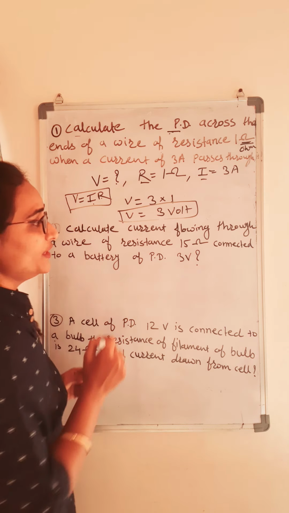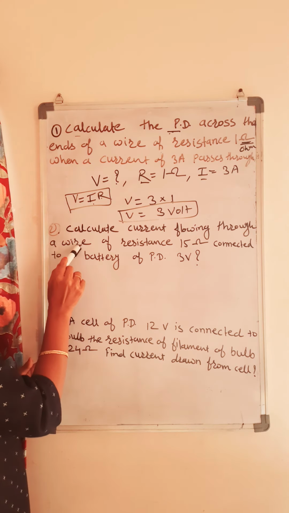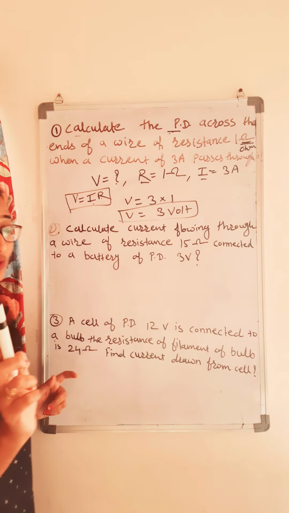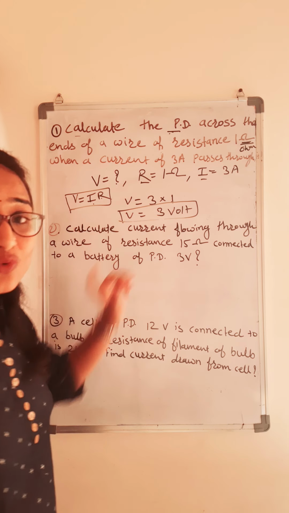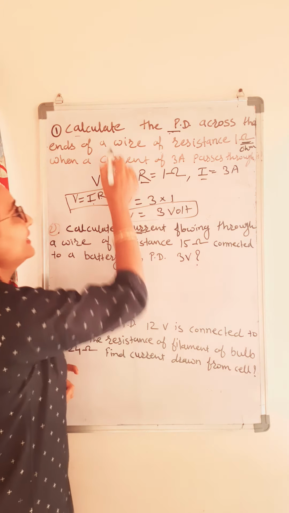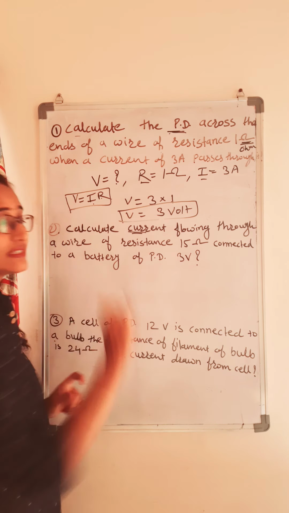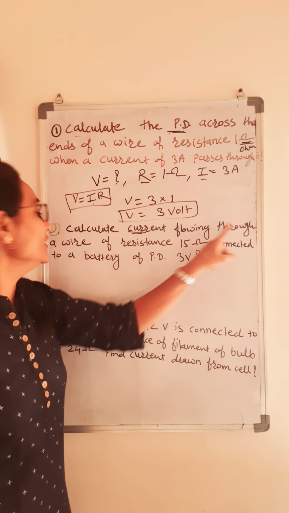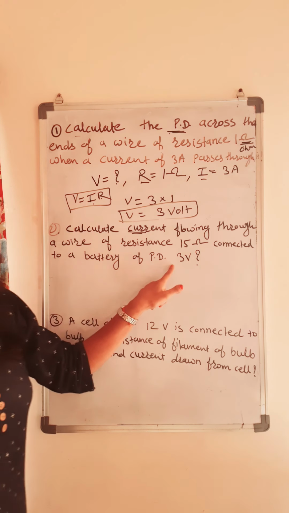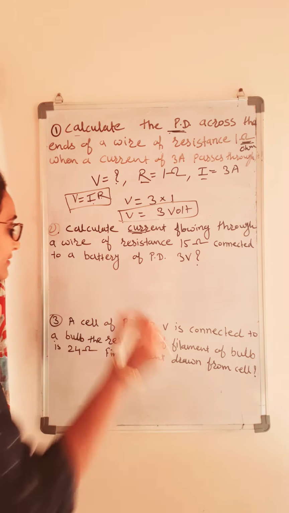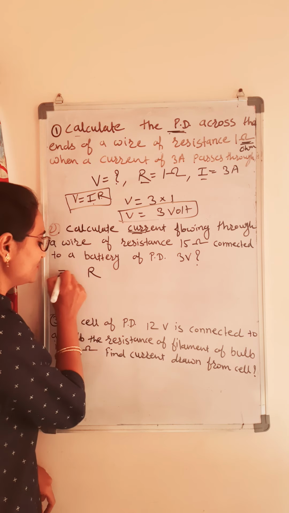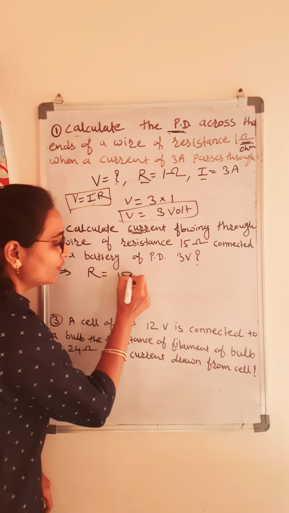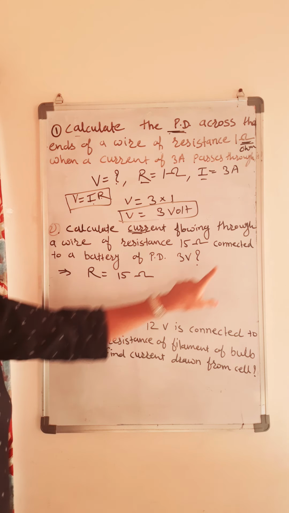Calculate the current flowing through a wire of resistance 15 ohm connected to a battery of potential difference 3 volt. Here we calculated potential difference before, now we are calculating current. R is equals to 15 ohm is given.